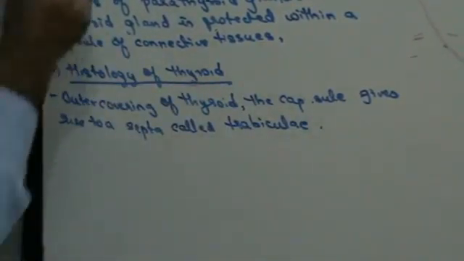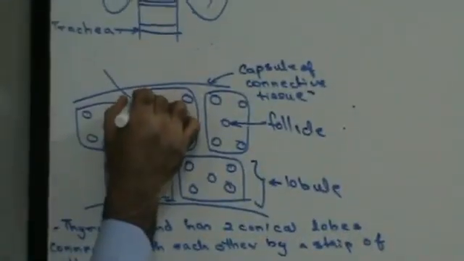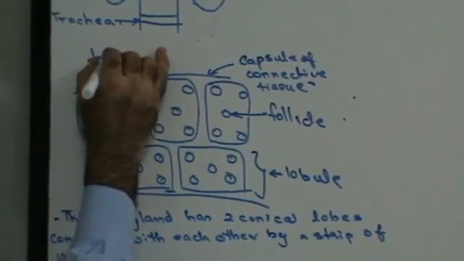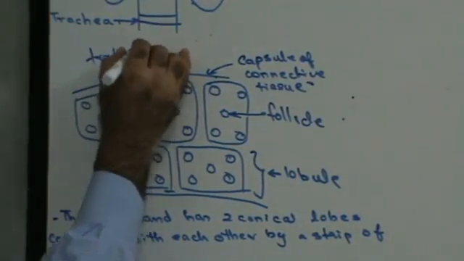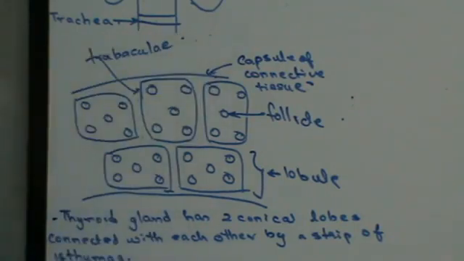I'll show you this in the diagram. Guys, can you just see the diagram? This septa is called trabeculae. So the outer covering of thyroid, the capsule, gives rise to a septa, which is called trabeculae.